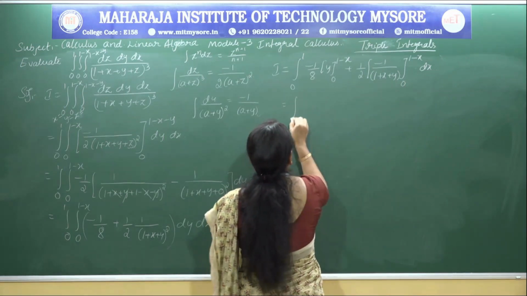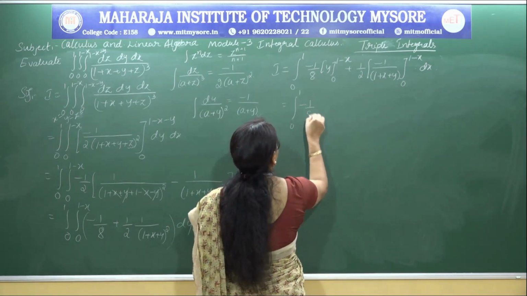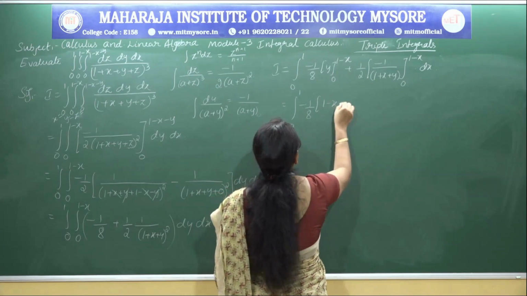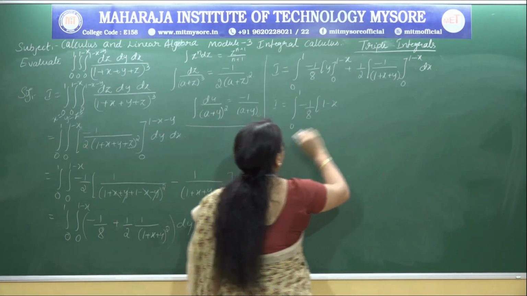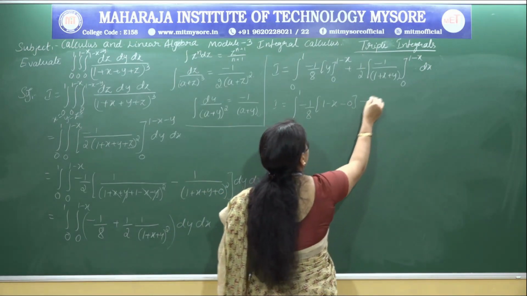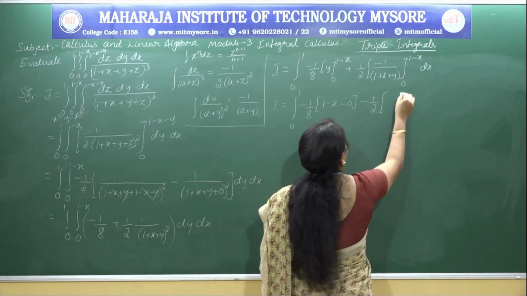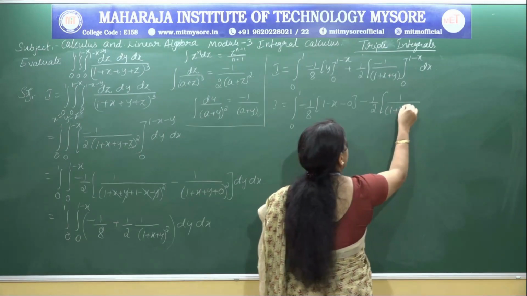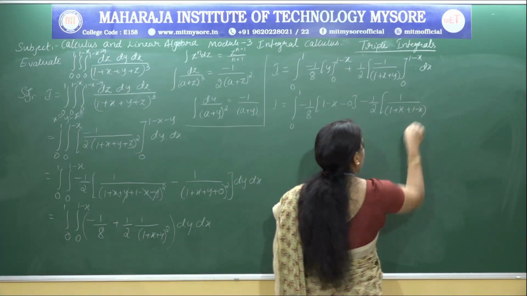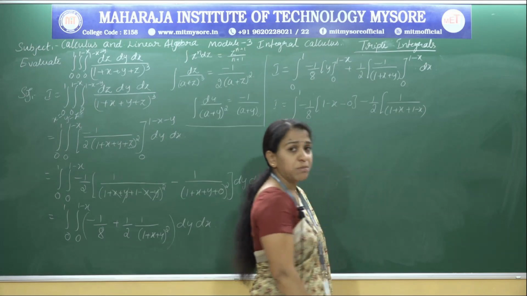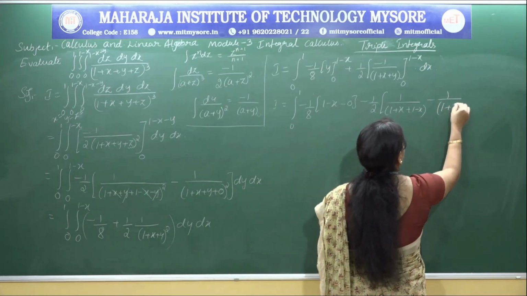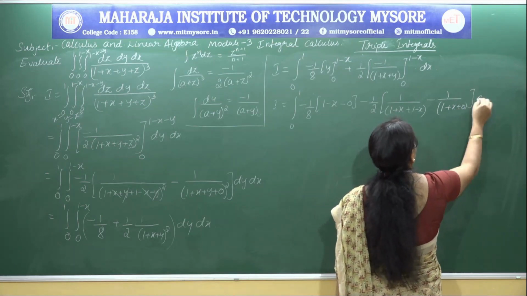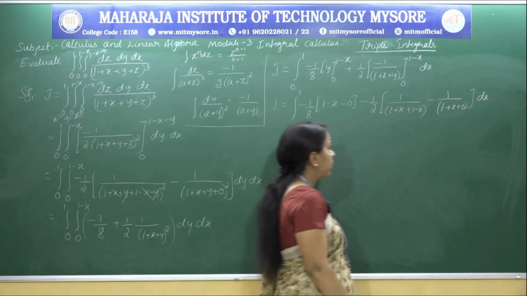Apply the limit. So integral 0 to 1 minus 1 by 8 into 1 minus x, minus 0, minus 1 by 2 into 1 by 1 plus x plus 1 minus x, upper limit y should be replaced by 1 minus x, minus lower limit 1 by 1 plus x plus 0 into dx.